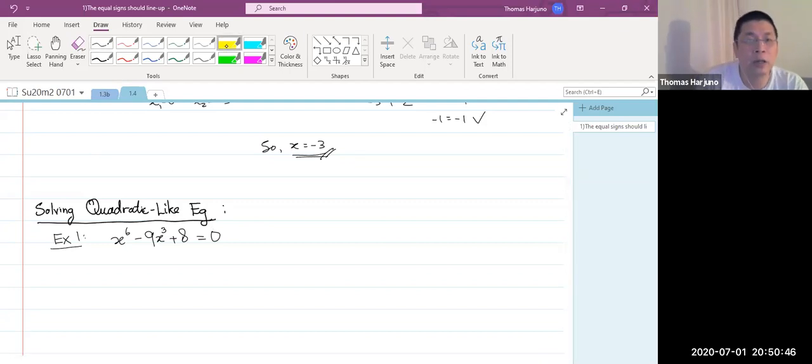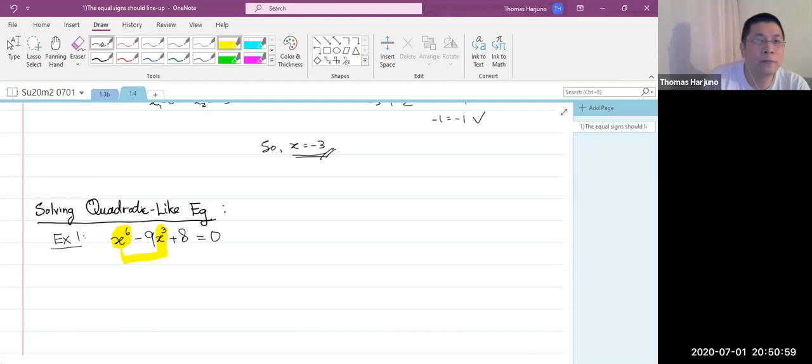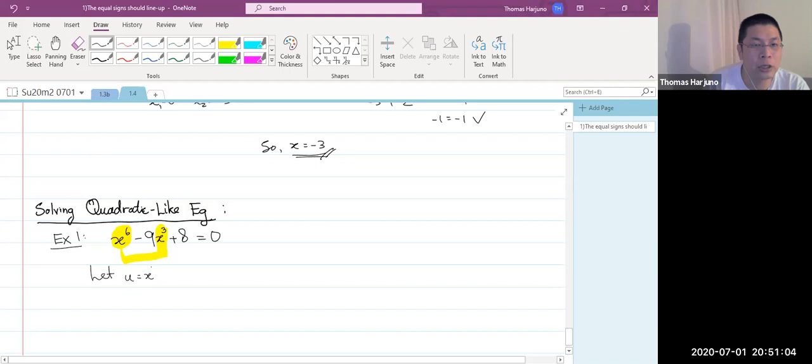Now notice that this term is the square of this term. If we let u equal x cubed, then x to the 6 will be u squared, right? So I do that little substitution such that I get u squared minus 9u plus 8 equals 0.